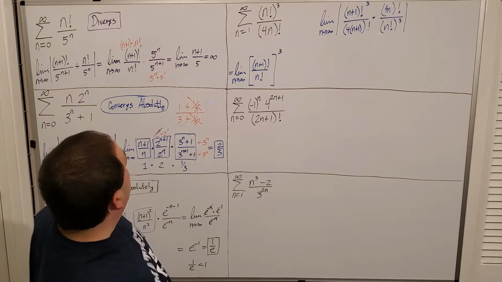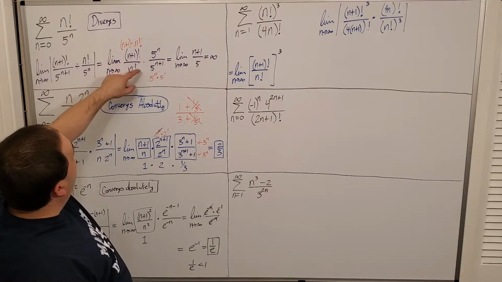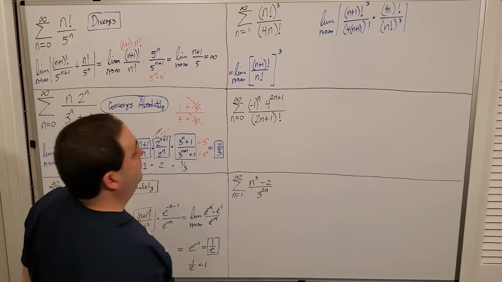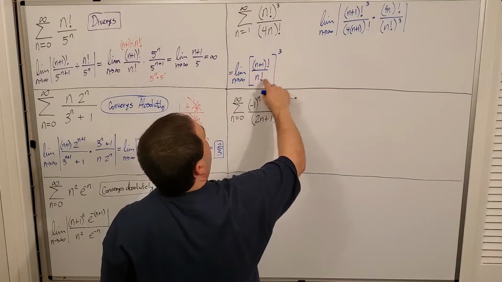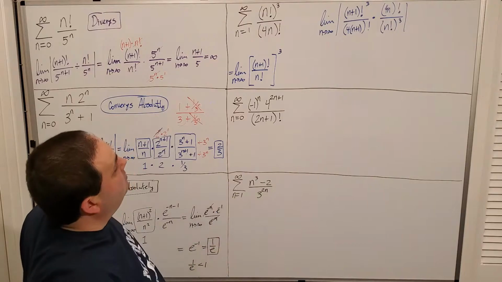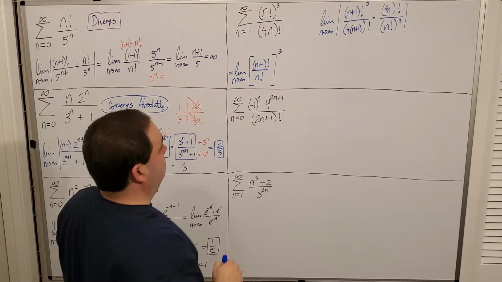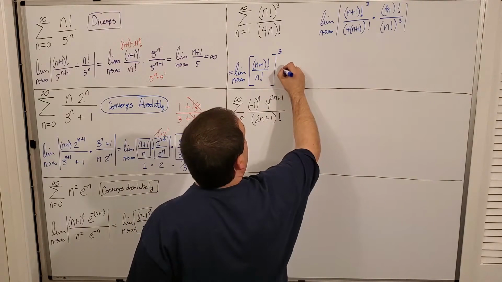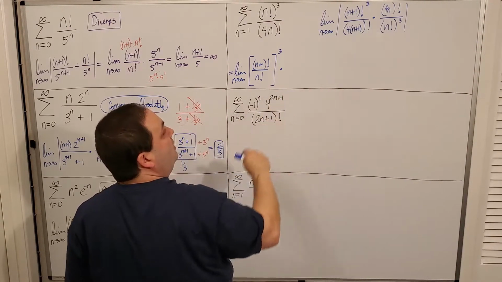But we've already talked about that. N plus 1 factorial over n factorial just gives me n plus 1. So this right here is going to give me n plus 1 cubed. We'll write it out in the next step.